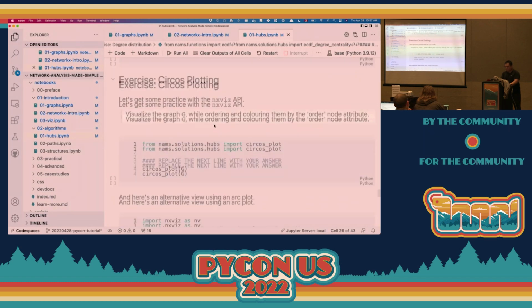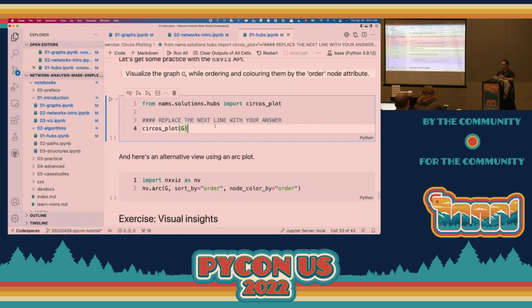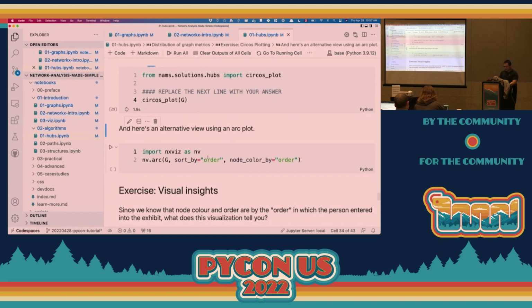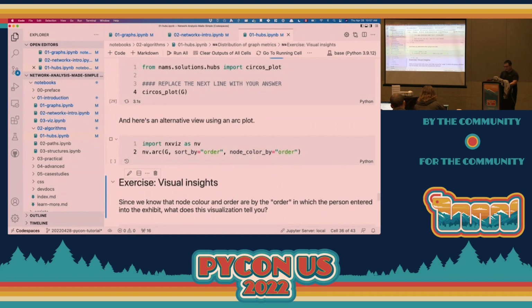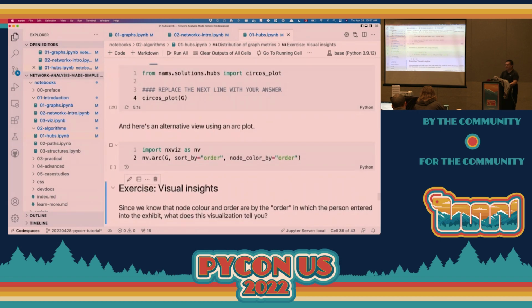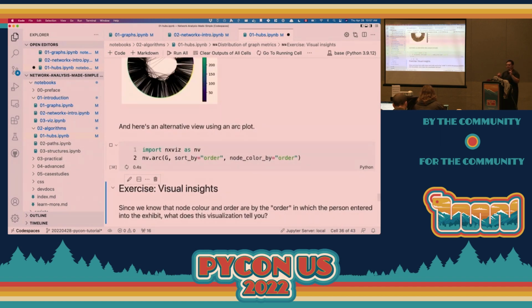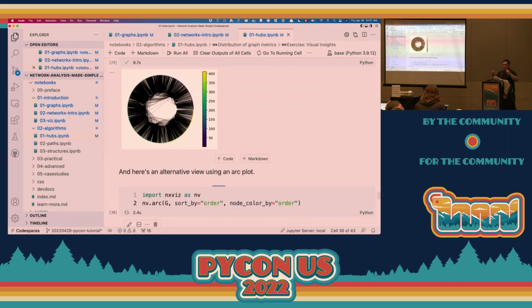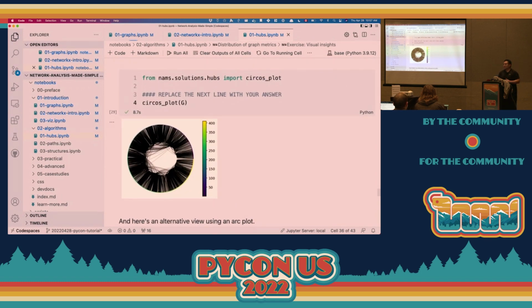Now, we're going to skip a few exercises because those are exercises that you can do at home. What we're going to do here is plot the Circos plot of this graph and do a little exercise in visual analytics, okay? So we know that this is an exhibit, right, of people moving through it.